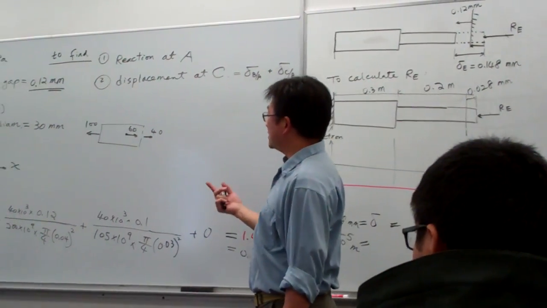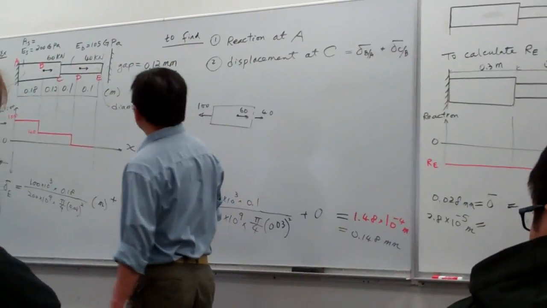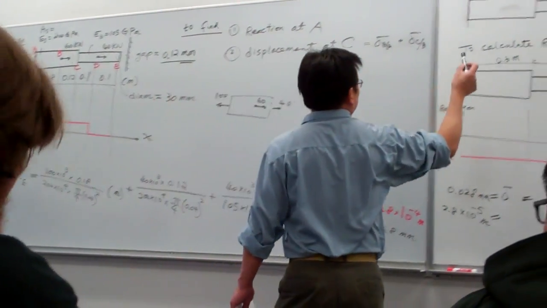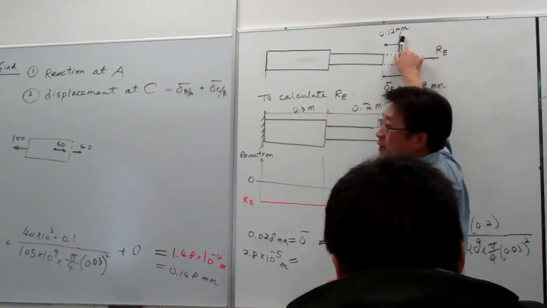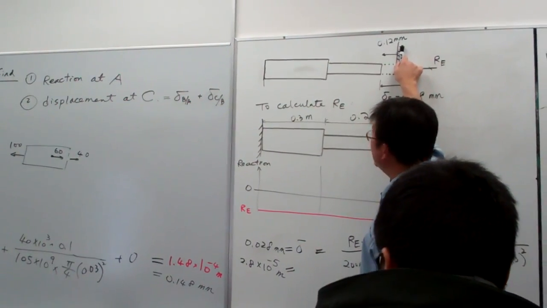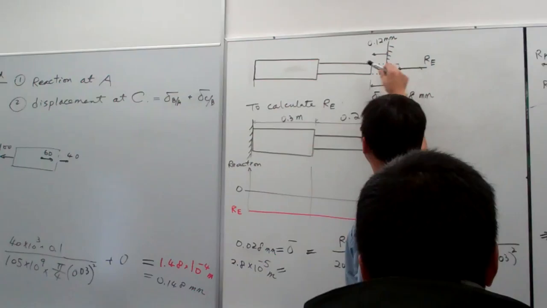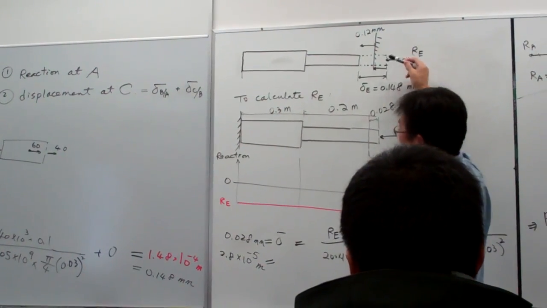Now we can see our original model is this. We're assuming that if there were no constraint here, the whole model would be free to move by that much.